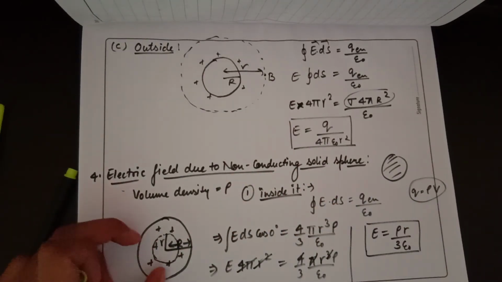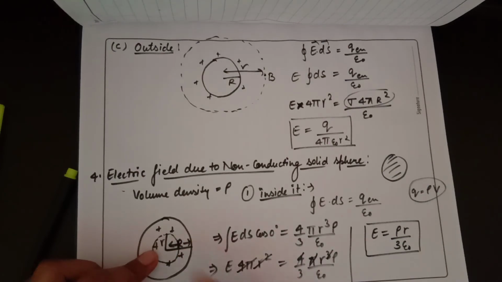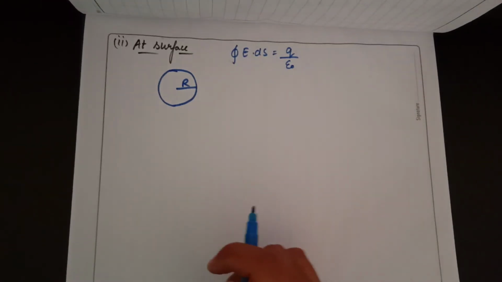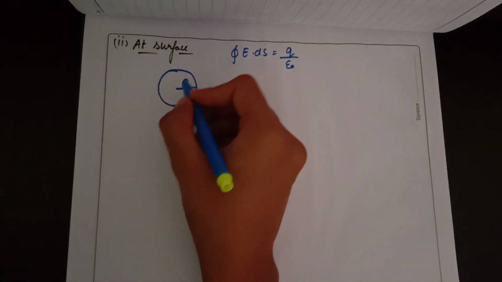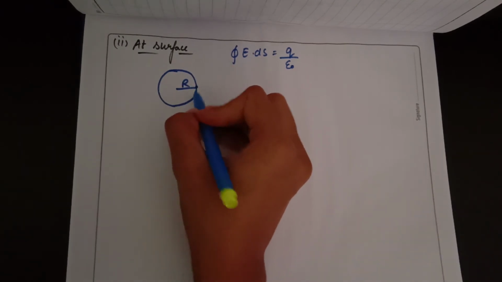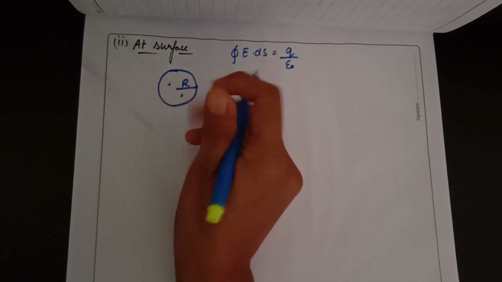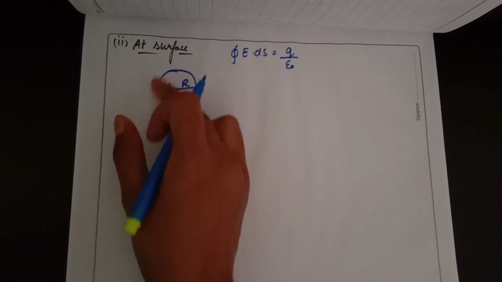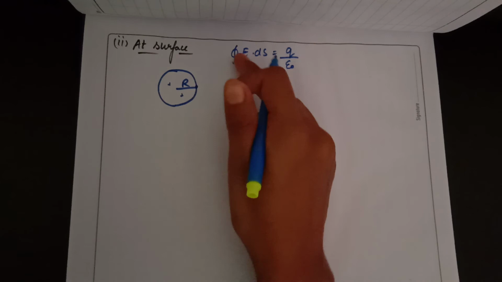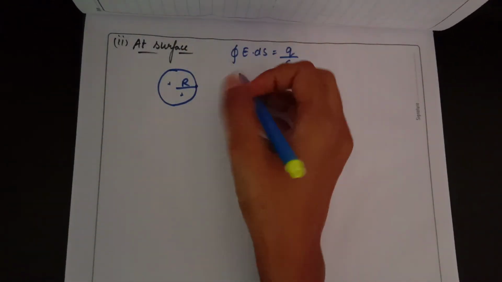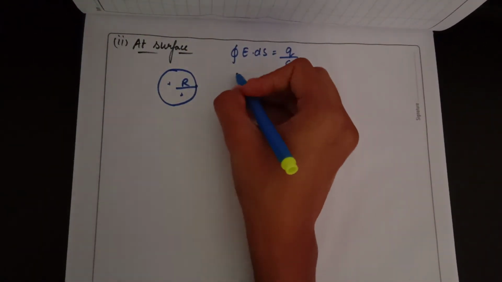Next we will see what will be the electric field at its surface. At the surface, if I want to calculate the electric field at this point, and this is a non-conducting sphere, then the Gaussian surface will be this sphere itself, and E dot ds will be equal to E ds cos theta again.